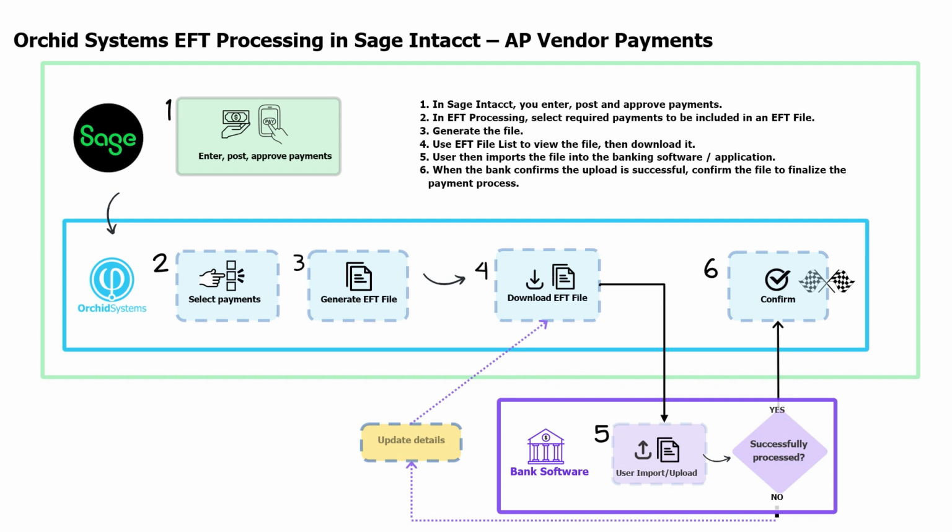And then in EFT Processing, you would select the payments required, you'd generate the EFT file, download the EFT file, and then upload that file into the bank. And once the bank says the file's okay, you would come back to the Orchid EFT file list and confirm the process. And this is the process I'm going to show you now.